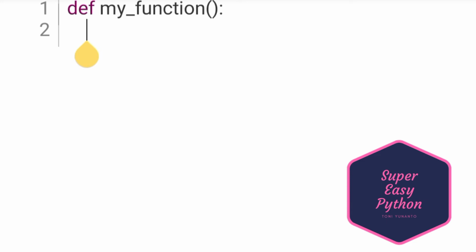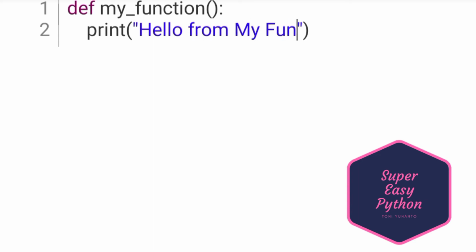For example, like this. We type def my_function, and then bracket, don't forget the colon. Okay, and then print, type it, hello from my function.